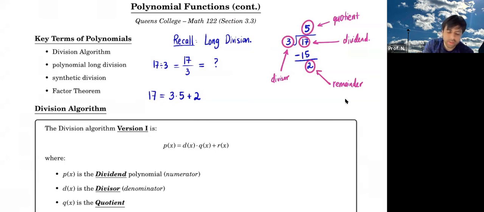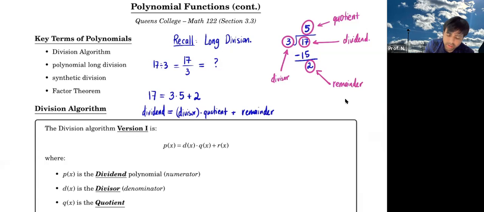Okay, so once we see that, what's the bigger picture? The bigger picture is not that 17 equals 3 times 5 plus 2. The bigger picture is that 17 was the dividend, and the result was that it's the divisor times the quotient plus the remainder.